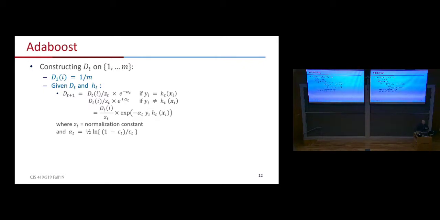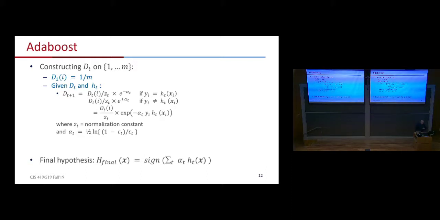And alpha t is a constant that is a function of epsilon. So now this slide is a little bit loaded, so let's try to understand what it means. Before that, the final hypothesis is going to be the weighted sum of the hypotheses, where h_t has weight alpha t.